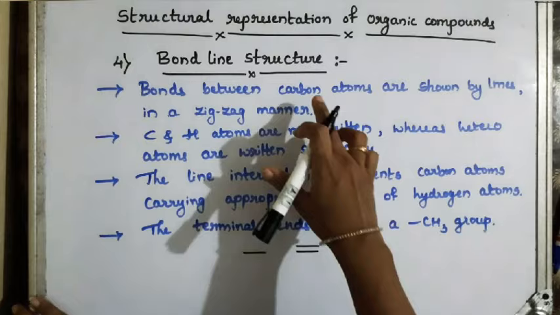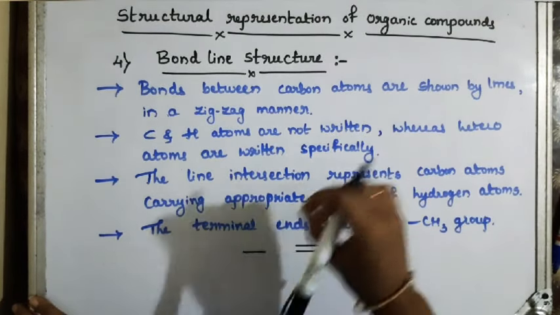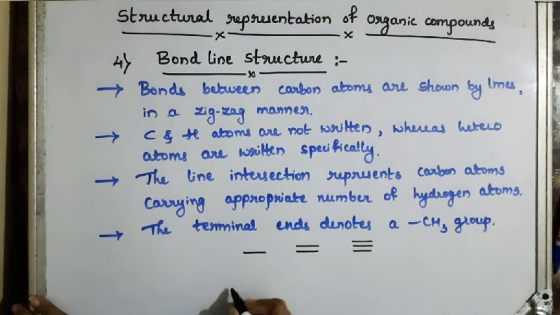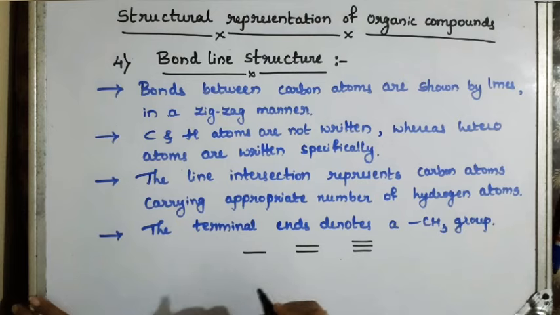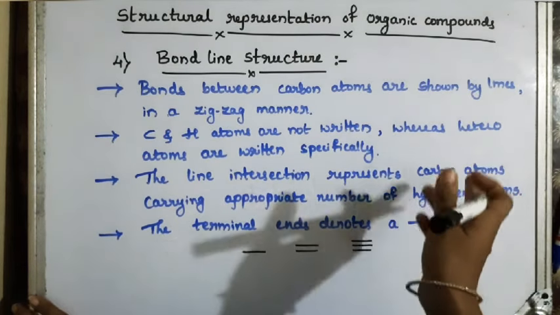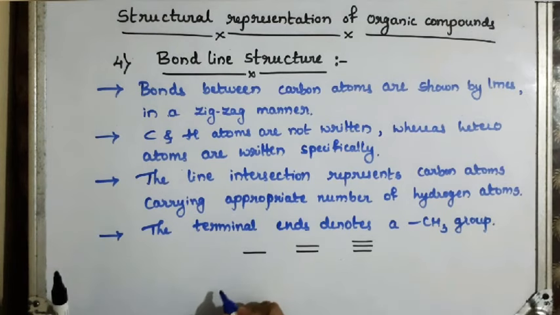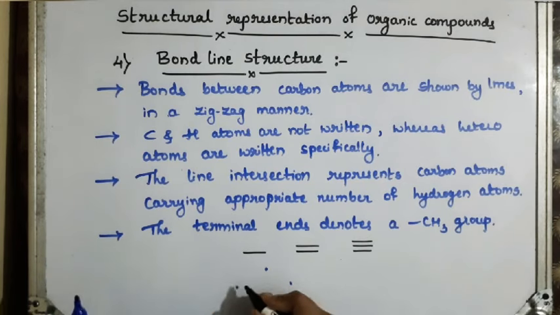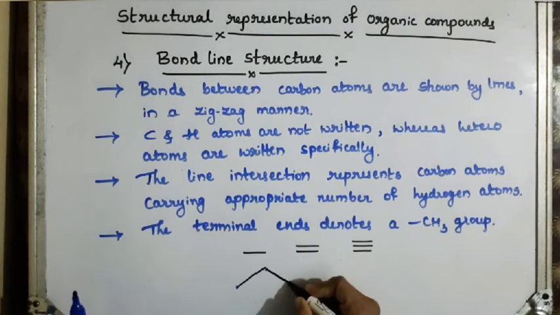If you are showing the bonds between three carbon atoms, you have to show them in a zigzag manner. Zigzag manner means, consider there are three carbon atoms. Between three carbons, how many bonds will be present? Two bonds will be present. So if I consider these three are the carbon atoms, the line joining these three carbons like this is a zigzag manner.